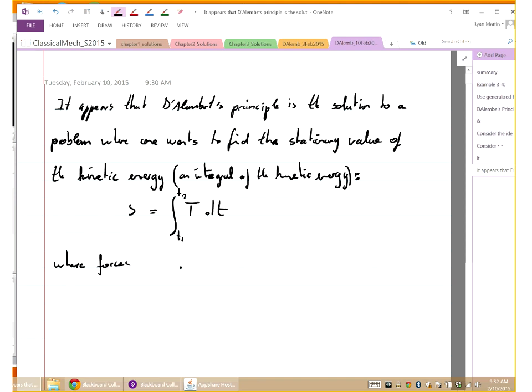Where forces are related to constraints on the coordinates.